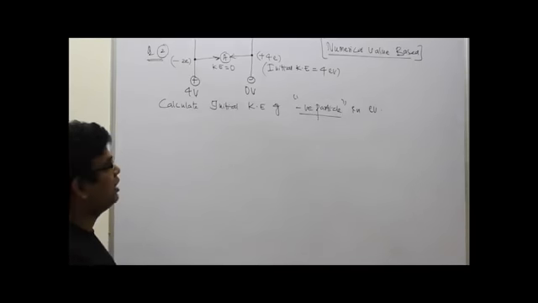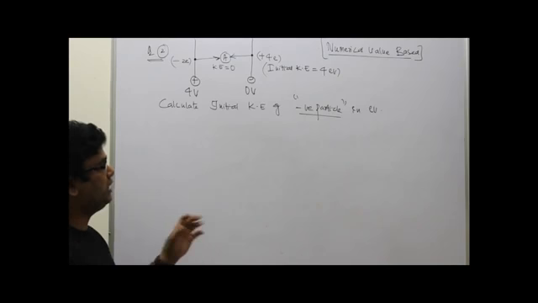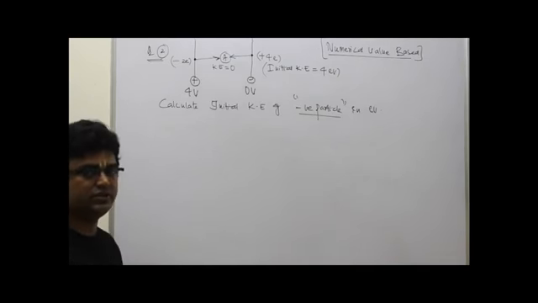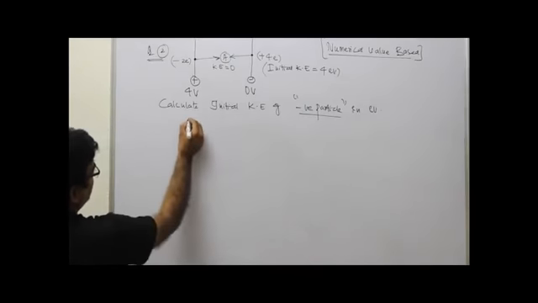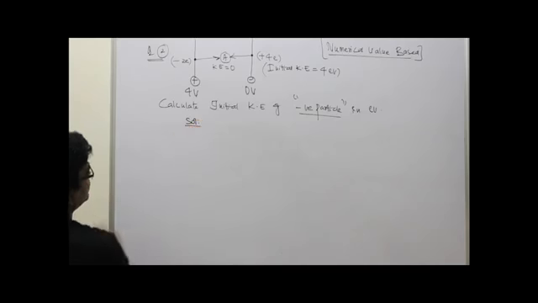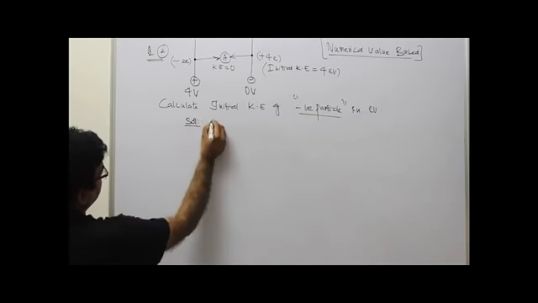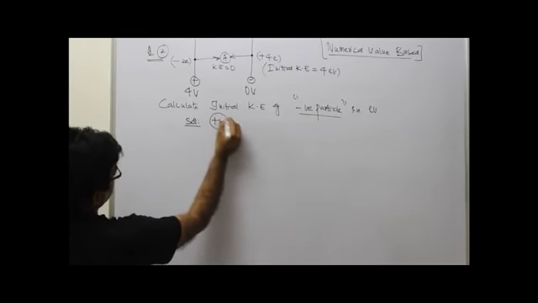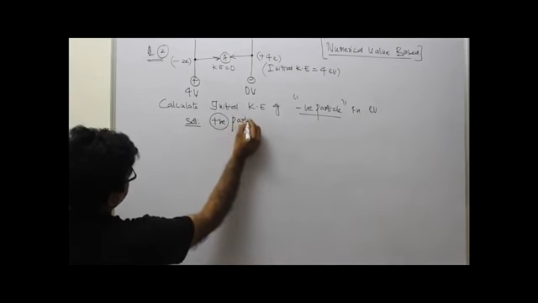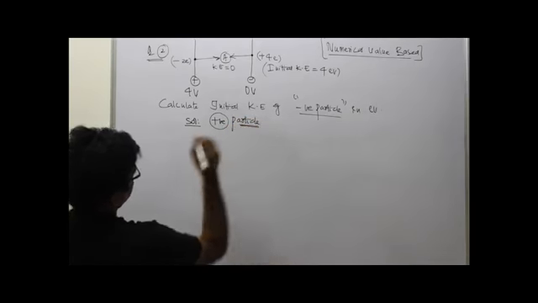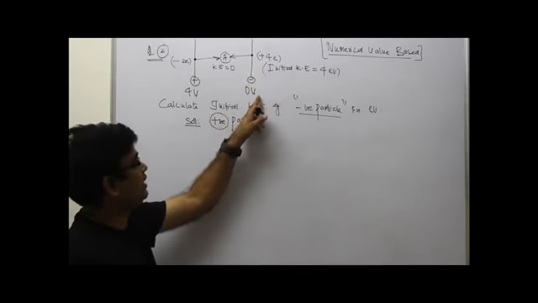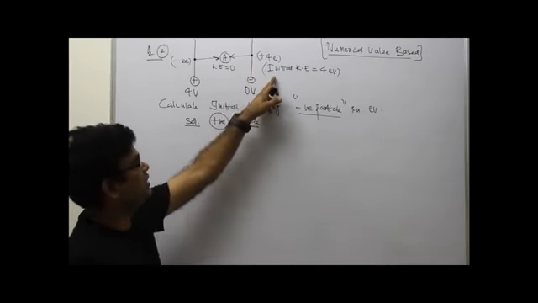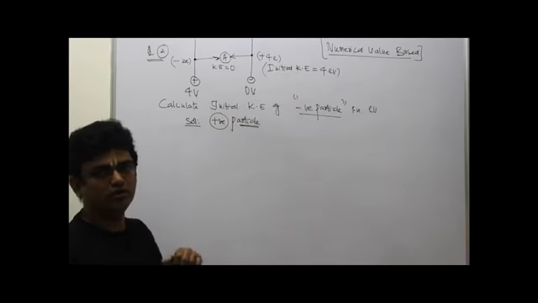Okay. Now, we shall concentrate on this question and how do we use this transformation of energy from one form to the other form. Now, for the positive particle, suppose if I consider the positive particle first. So it is a positive charged particle projected from negative plate with initial kinetic energy 4 electron volt.